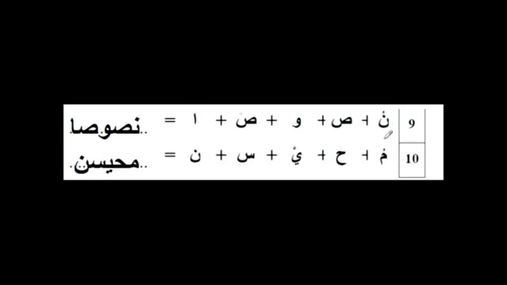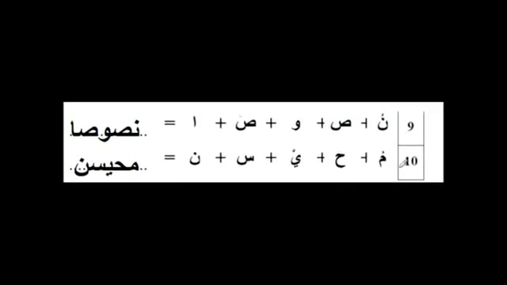If I mistakenly called it fatha in past sessions, or a kasra, or if I mixed up the terms, I apologize. I hope that it didn't cause any confusion. Sometimes I called the dhamma a fatha, or called the fatha a dhamma or a kasra.